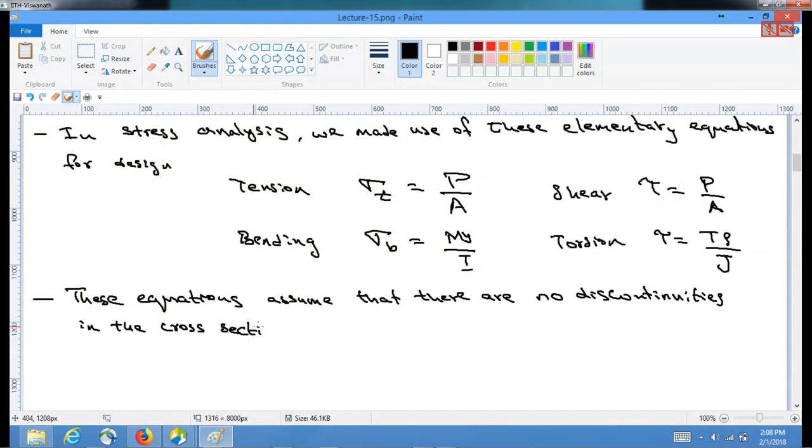They don't take care of it, but that would pose problems, especially when you're doing dynamic analysis.